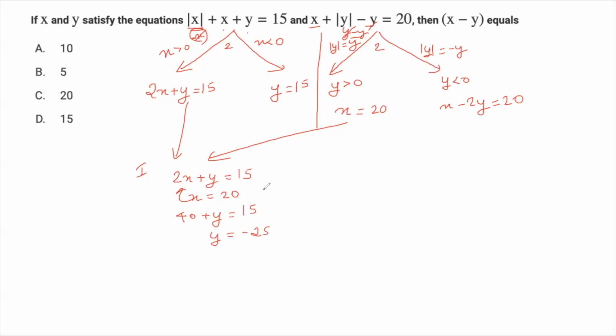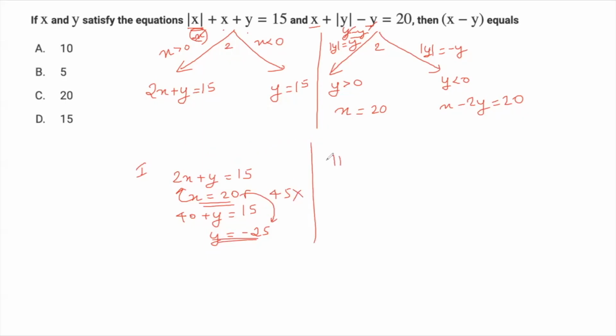Now in this case, naturally x - y would be 20 minus minus 25, that's 20 + 25, 45. But we have a small problem. The problem is we had assumed that x is greater than 0 and x is indeed greater than 0 in this case. x is 20. But we had also considered that y should be greater than 0, but y is coming out to be negative. That means this value of 45 is not possible, and hence we check for the second possibility, the second case.